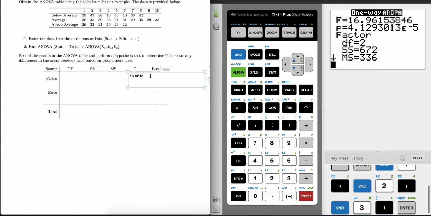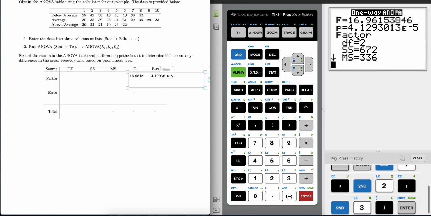So I'll add that in, as our 4.1293 times 10 to the negative 5th.